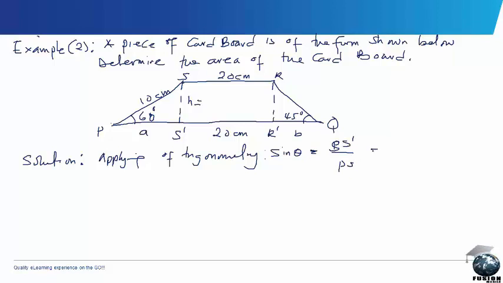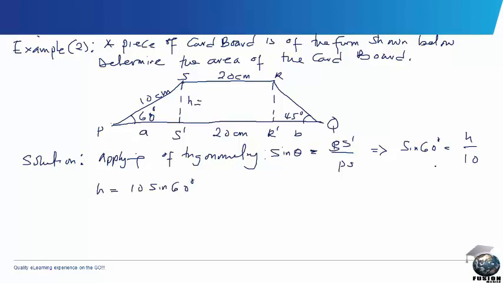This implies that sine theta, which is sine 60, is equal to the opposite, which is h, over the hypotenuse, 10. From that point we have that h will be equal to 10 sine 60 degrees.